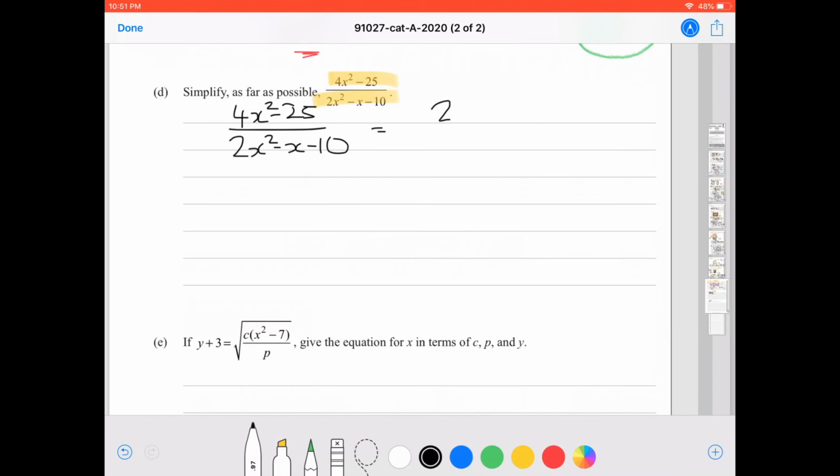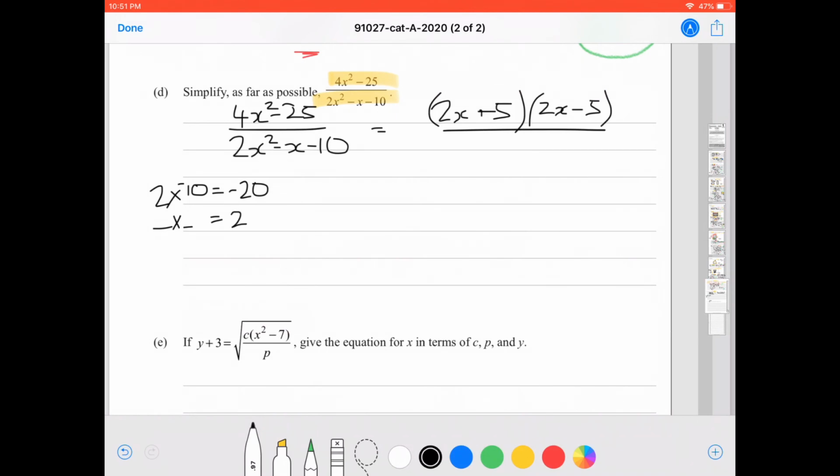And your denominator, we have to take a bit of time to factorize this quadratic. So 2 times negative 10, just going through this process again, a times c is negative 20. So two numbers that multiply to negative 20 and add to the b term, which is negative 1.